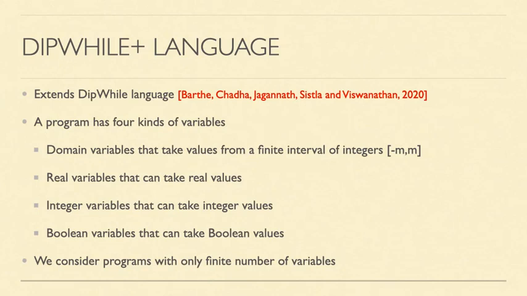So the natural place to look for the class of programs is to look at different programs for which we showed that differential privacy is decidable in our LICS 2020 paper. Programs in DiffPlus may have four kinds of variables: integer valued, real valued, boolean valued, and variables that take values from finite domains. We're only going to consider programs with a finite number of variables.